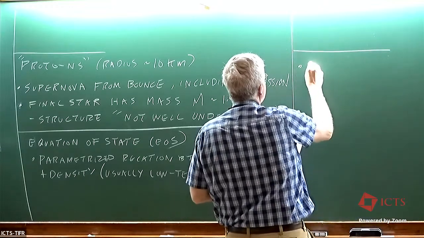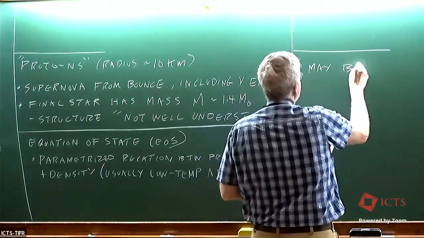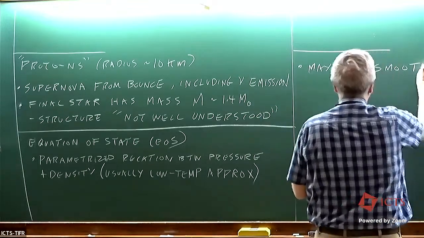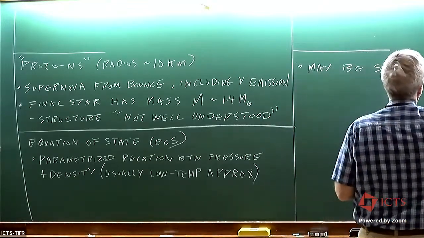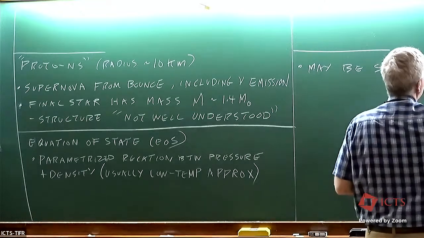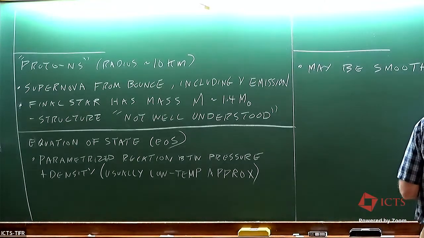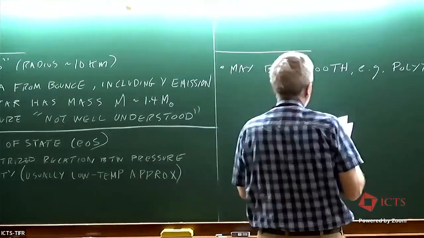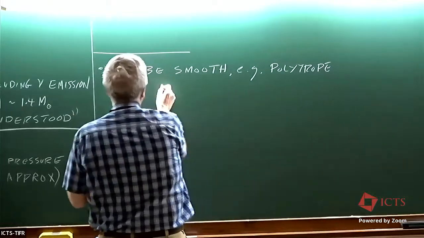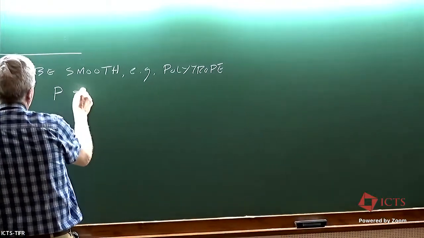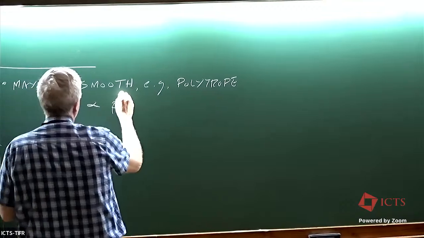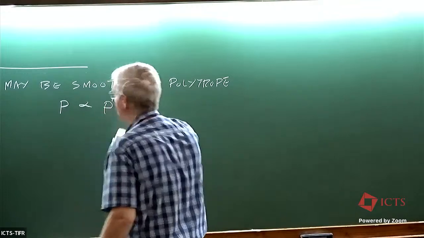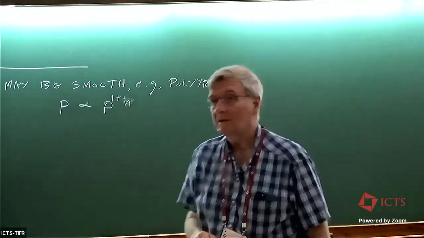Now that equation of state may be smooth. For example, it might be a polytrope. And I think you discussed polytropes last week. So you might say that the pressure is proportional to the density raised to a power of 1 plus 1 over n. That's one way to parameterize the polytrope model.